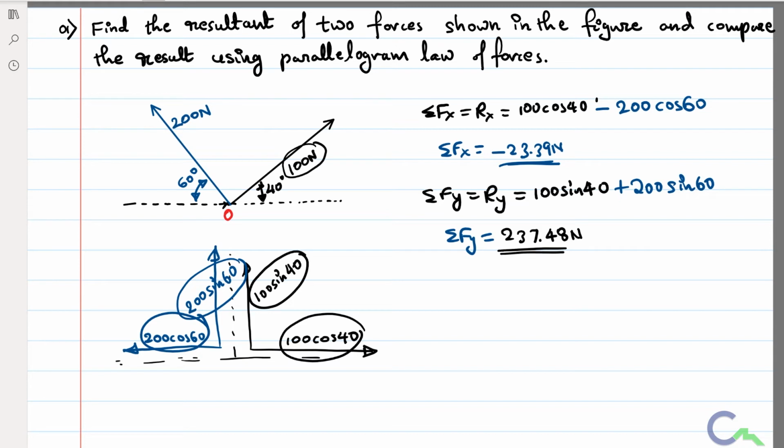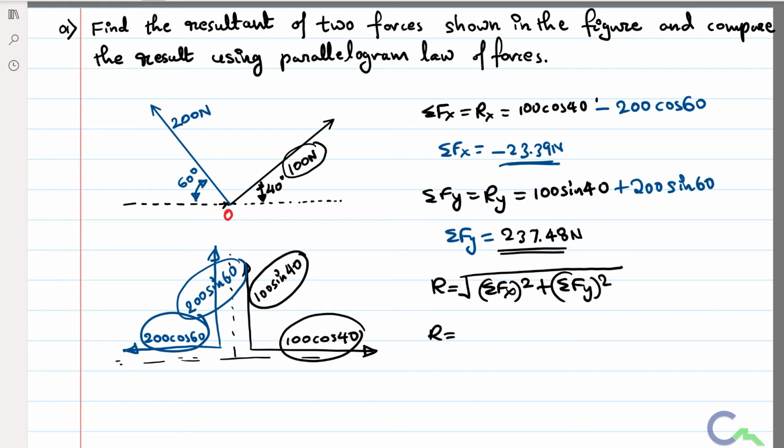We got two values. To find the resultant, R is equal to root of sigma Fx square plus sigma Fy square.